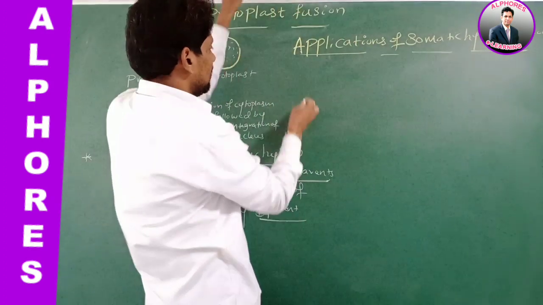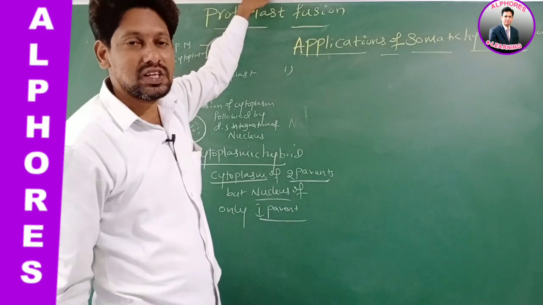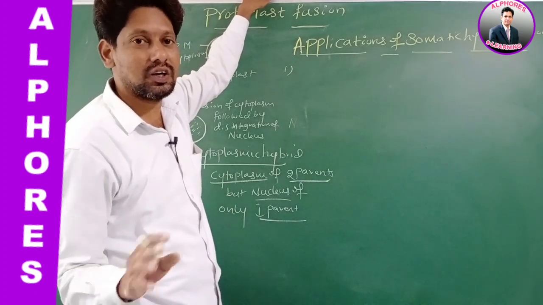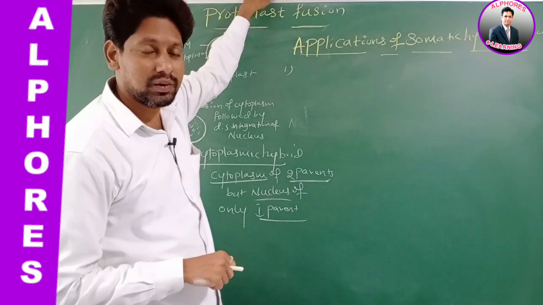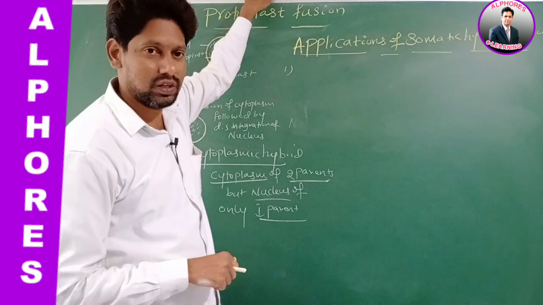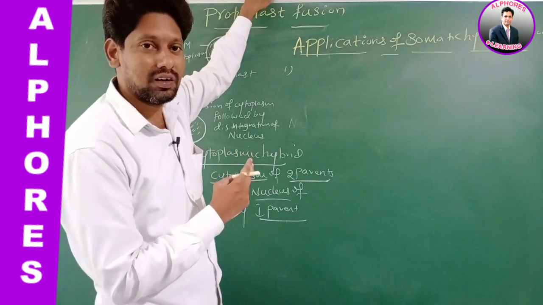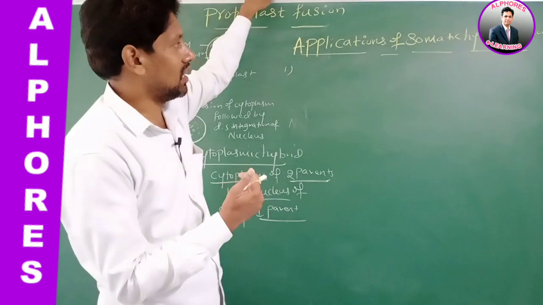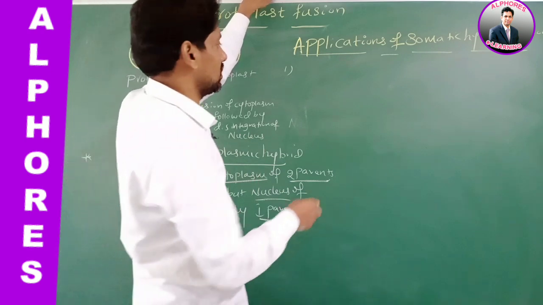Now listen here. Number 1, first application. Sir, in nature, sexual reproduction is not possible between 2 different species. But we can produce a hybrid by crossing 2 different species in protoplast fusion, that is by somatic hybridization.